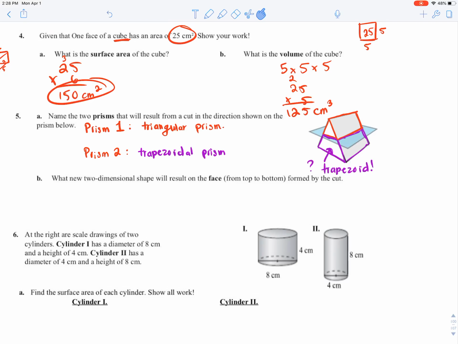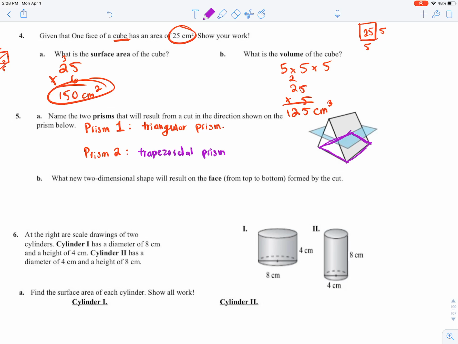Well, you should probably ask yourself, what is the shape of the very bottom? So I'm going to highlight this in purple. The very bottom of this prism here. We'll take a look.